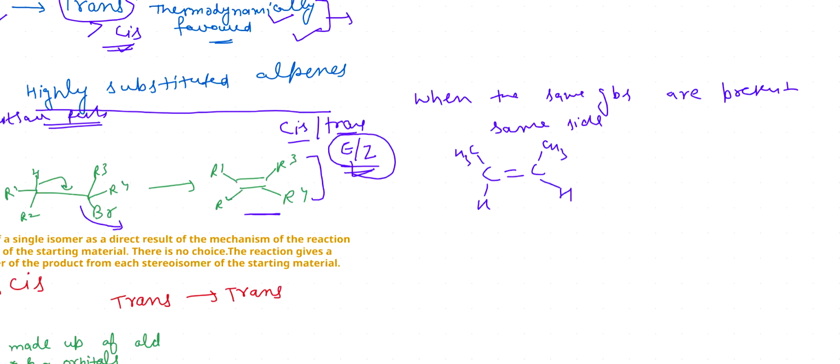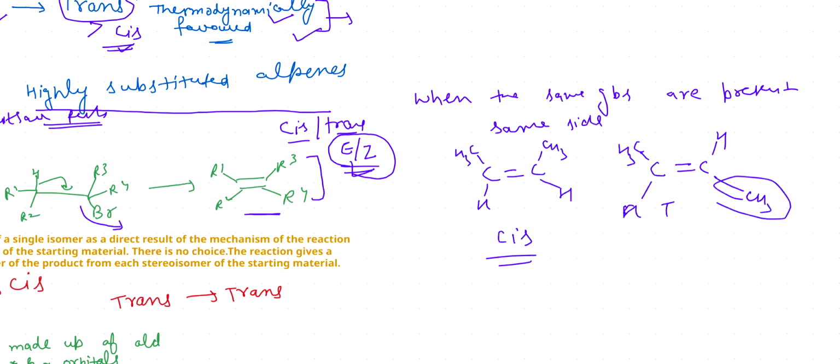If the same groups are present on the opposite side, then it is known as the trans form. H, CH3, like CH3 is here, CH3. So there is an angle of 180 degrees, clear? And here the angle is between 0 to 30 degrees, clear? So this is your trans form.